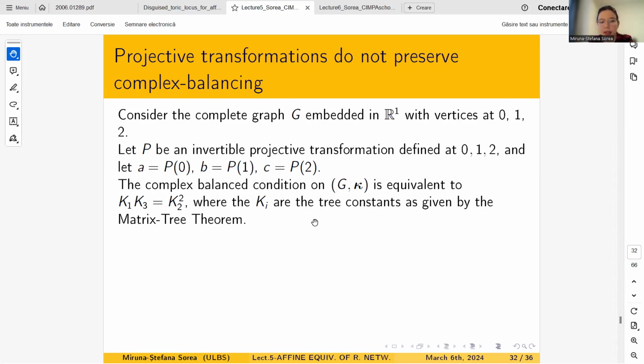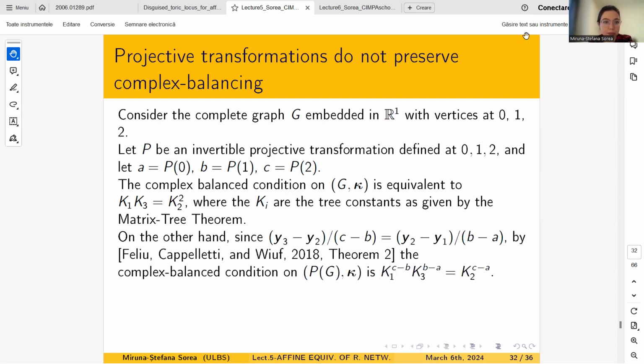So here is the complex balance condition on this graph G. But now, the question: what is the complex balance condition on the projective transformation, on this projective P of G? With the same rate constants k and the same change of coordinates capital K, we had to use a theorem that you can find in the paper by Peliu, Capelletti, and Youth from 2018.